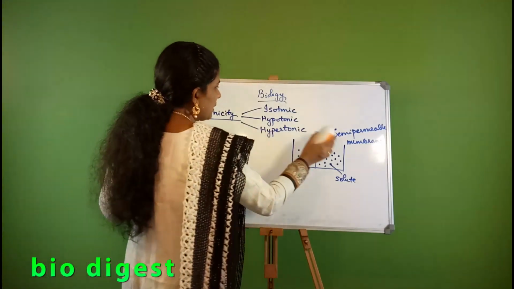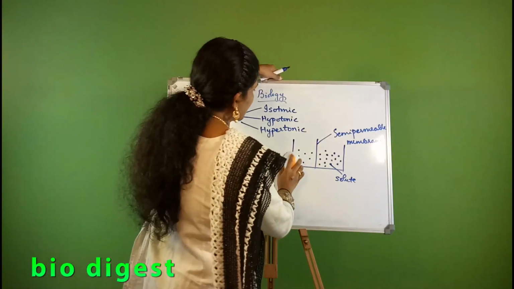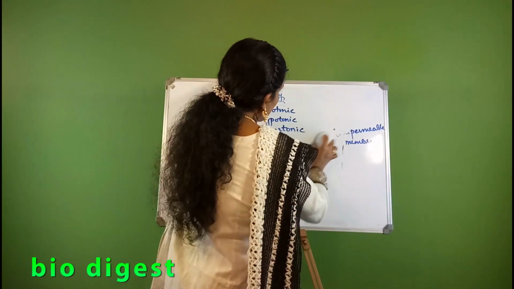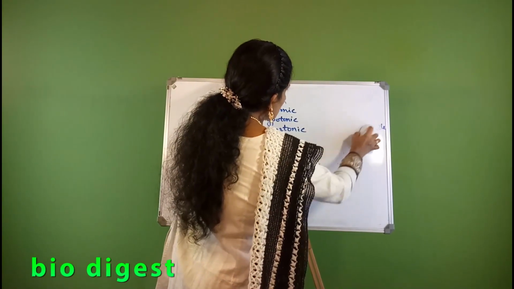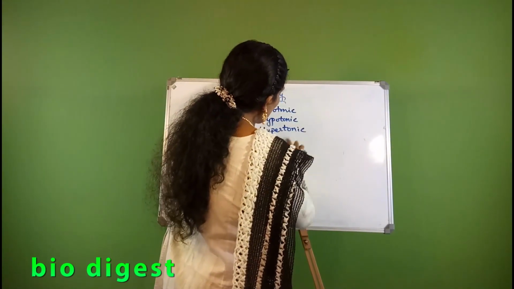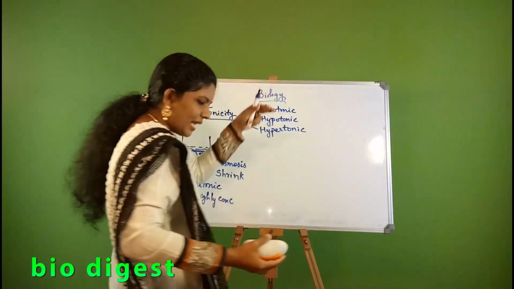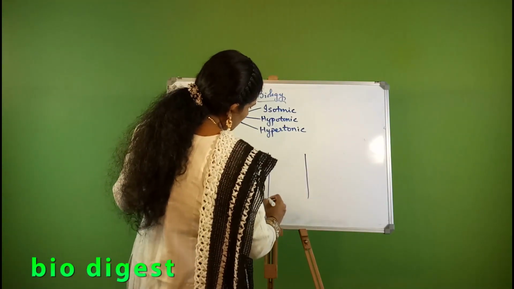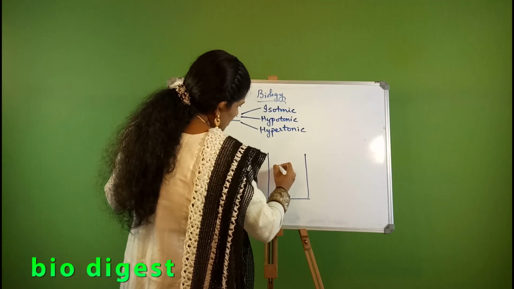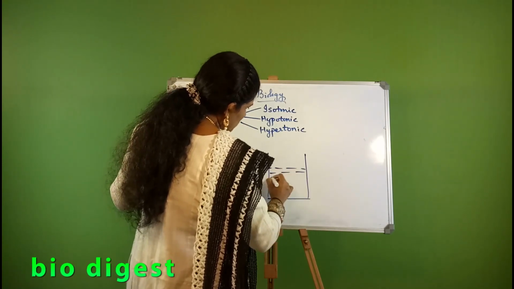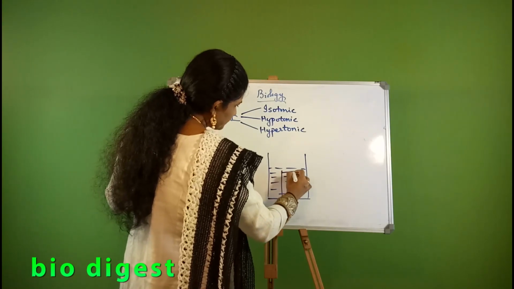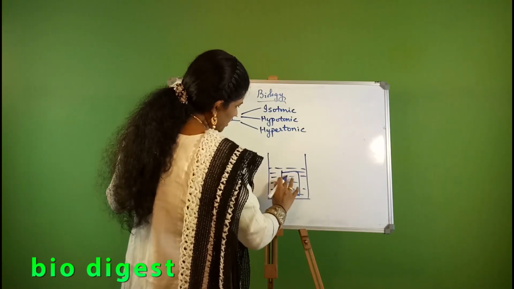Now moving to hypotonic solution. What is a hypotonic solution? Hypotonic solution means the solute amount will be very less. So here, this is a hypotonic solution, which has a very small amount of solute concentration.